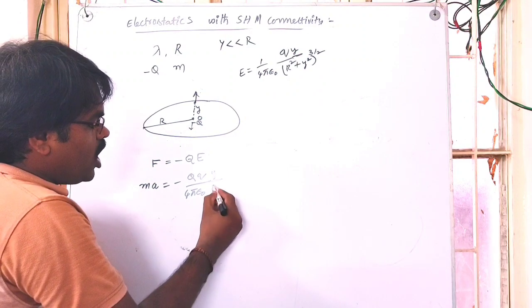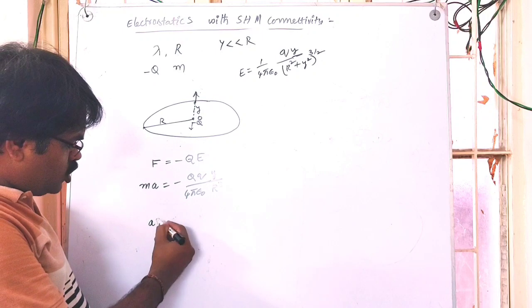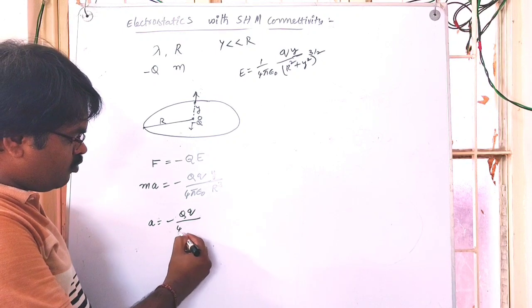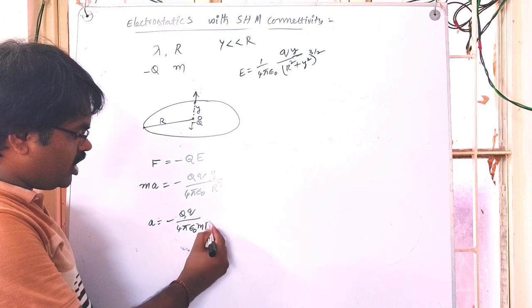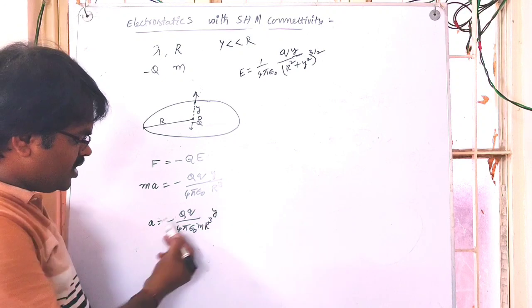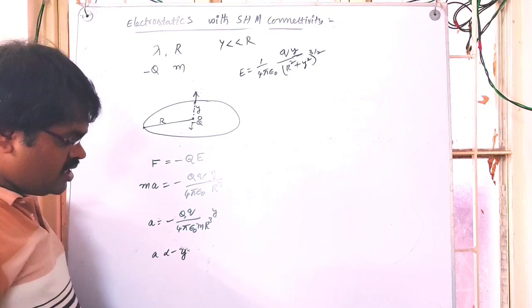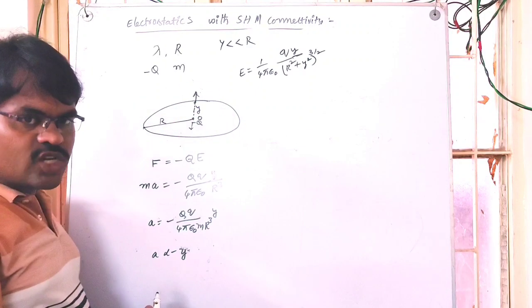Then r cubed. Now a is equal to minus q by 4 pi epsilon naught m r cubed into y. Here a is proportional to minus y. That means the charge is in SHM.